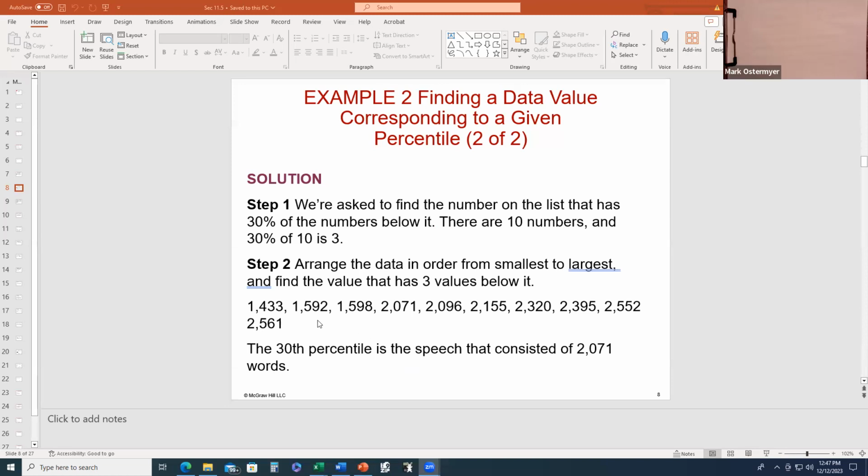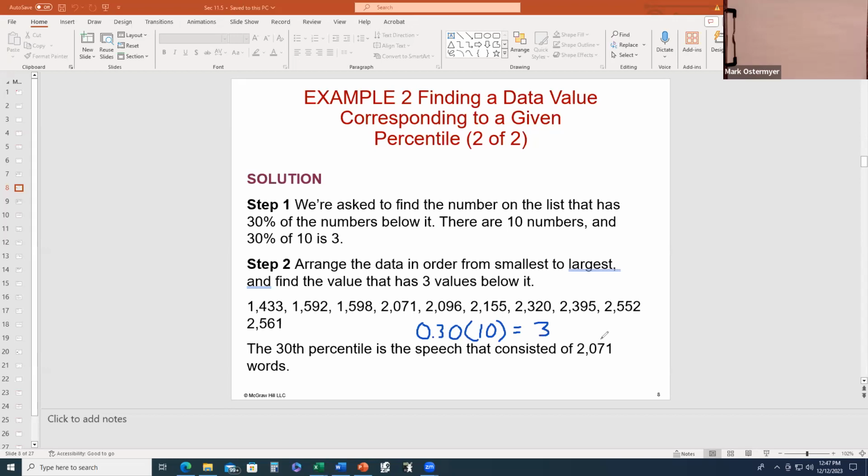So there are 10 data values in this data set. And what's 30% of 10? That's going to be 0.30 times 10, correct? And 30% of 10, which is 0.30 times 10, is going to be 3.